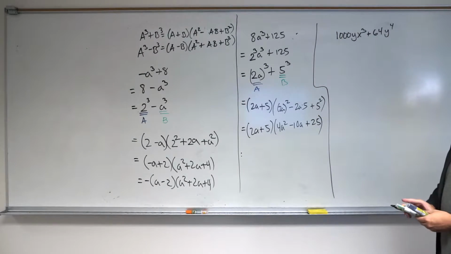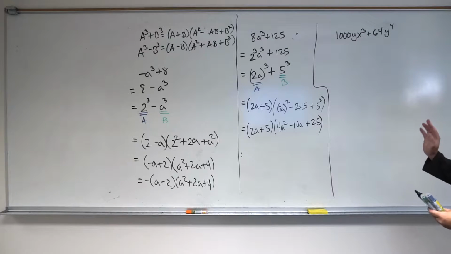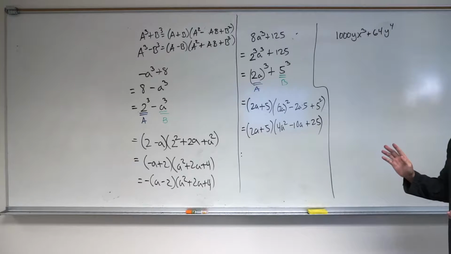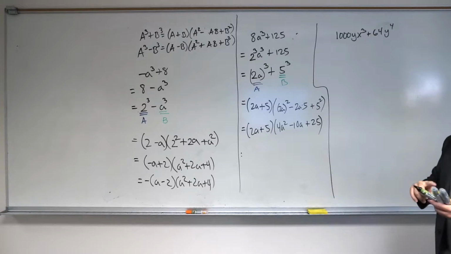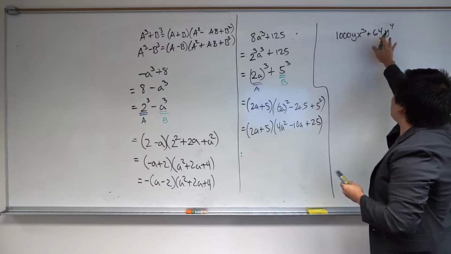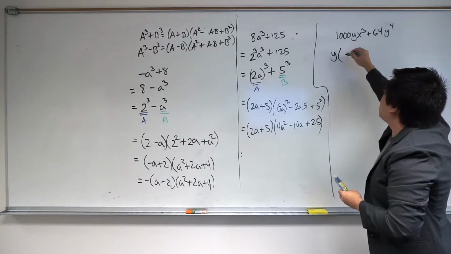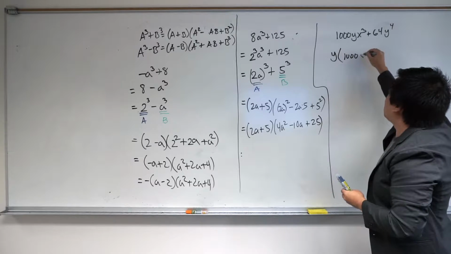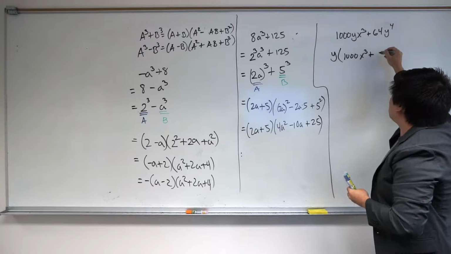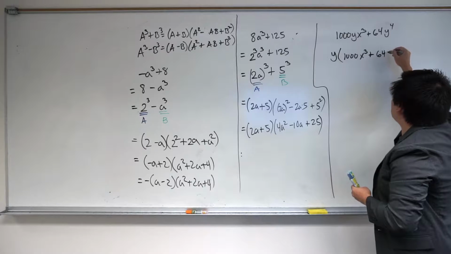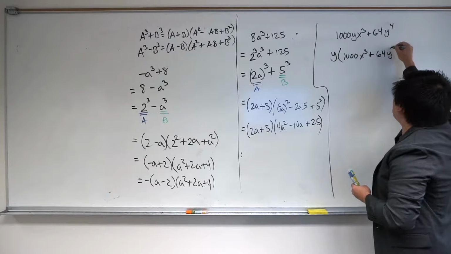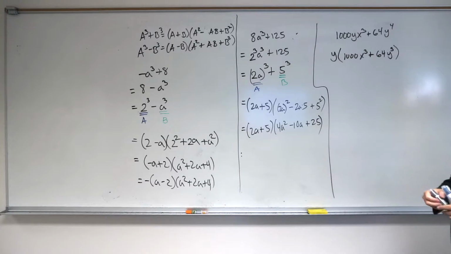Okay, for the last problem, I want to show that you can also factor out the GCF. That is still the first thing that you should try to do. So here, in common, what they have is a y. Now, you can also factor out a 2.